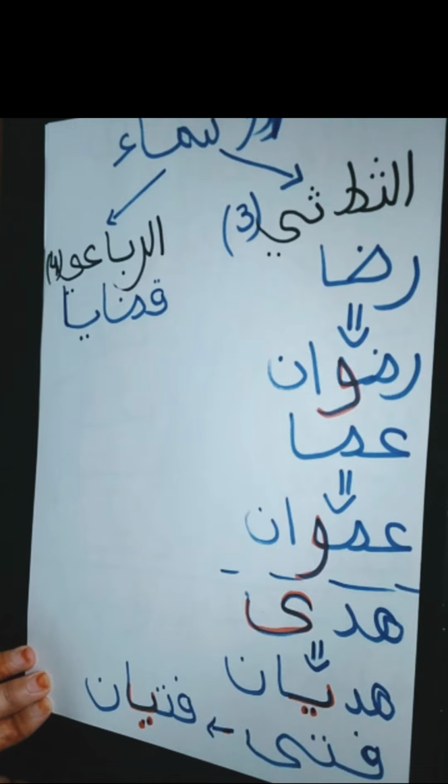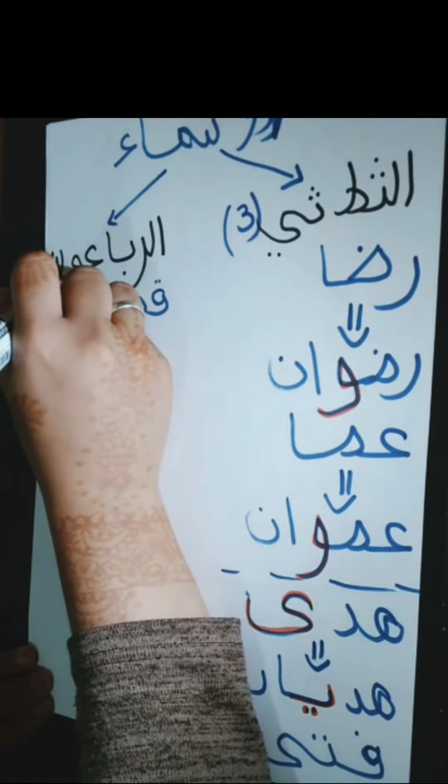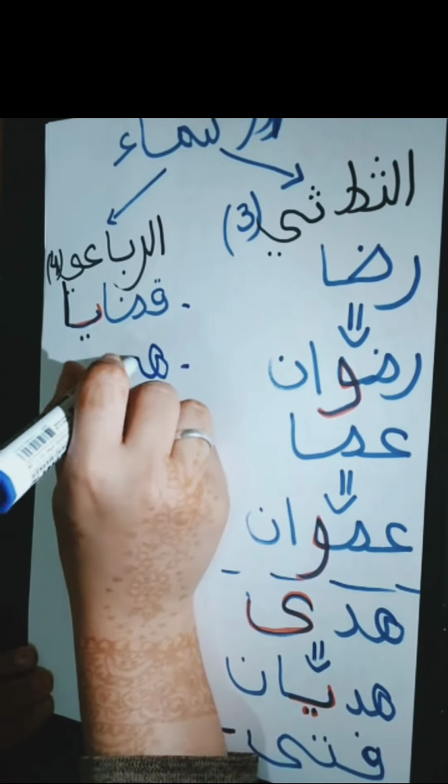For that, we write الألف الممدودة. This is the reason: in nouns, if before الألف there is ليا, we write الألف الممدودة. Another example: هدايا, it means a gift.